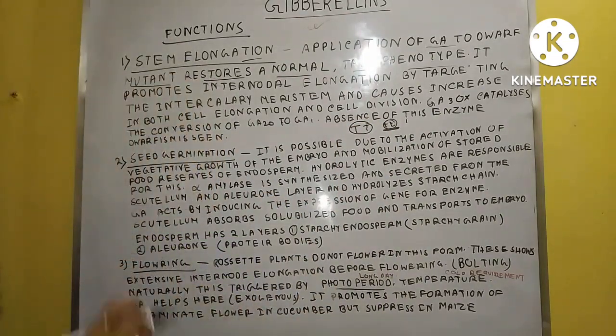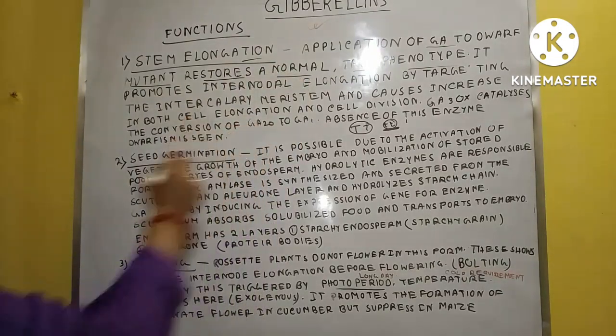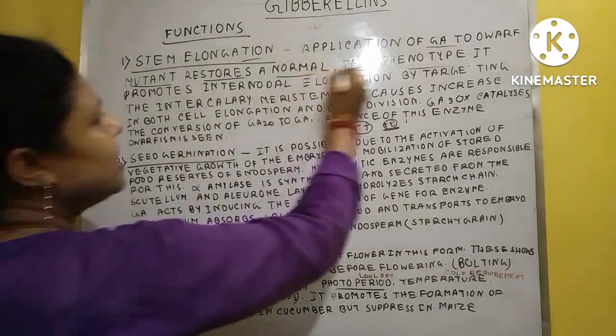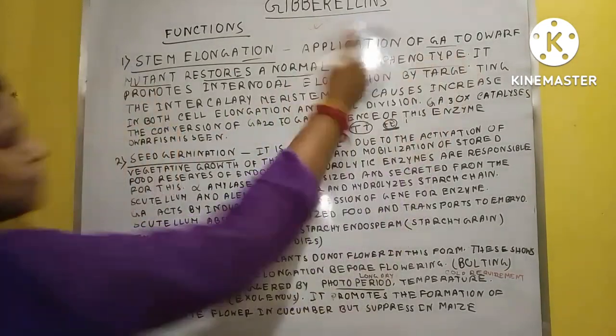So in case of a dwarf plant, if we apply gibberellin from outside, the dwarf plant converts into the normal tall phenotypic plant.